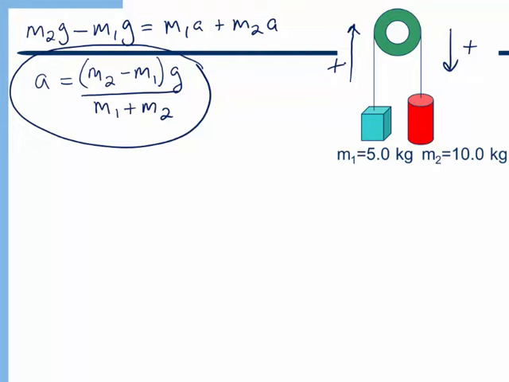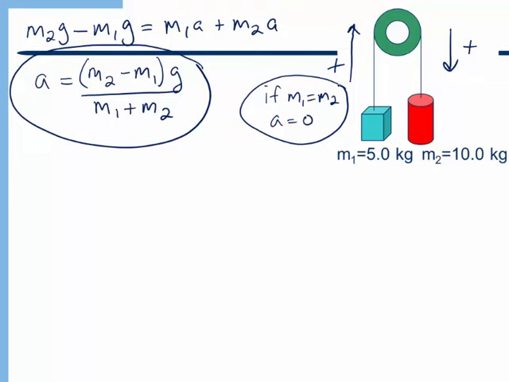However, if m1 were greater than m2, then we would get a negative acceleration, and that would just tell us that they're going in this direction, which would be negative. Also, if m1 equals m2, then a equals 0. And of course, we know that just from logic: if the masses are the same, they don't move.